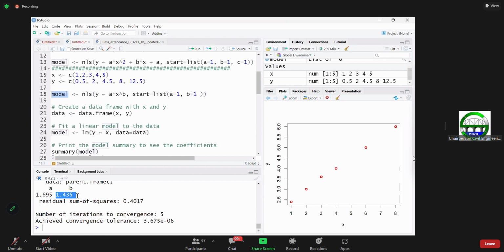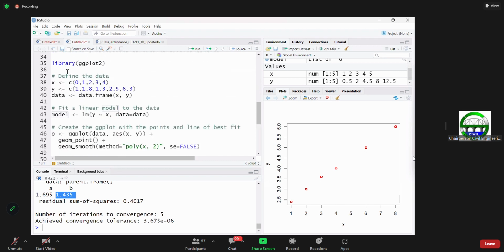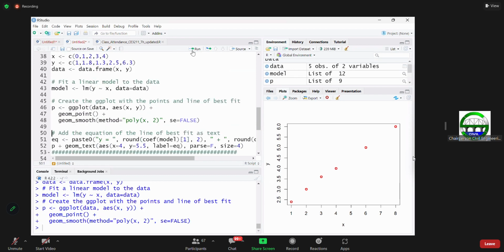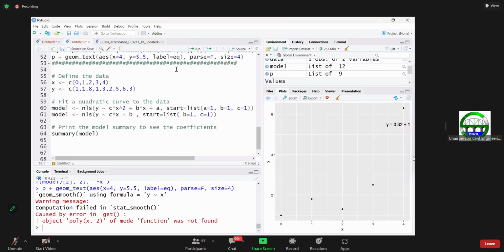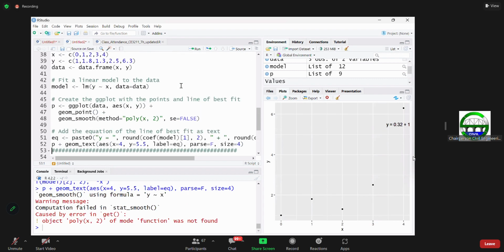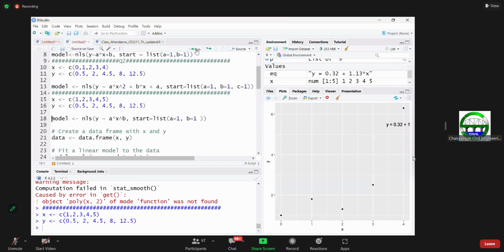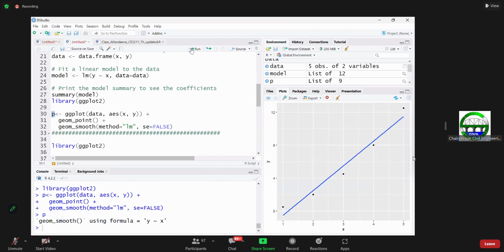Okay, so this one was for fitting, and let's draw one more model. If you want to draw it, you can draw it in here as well.